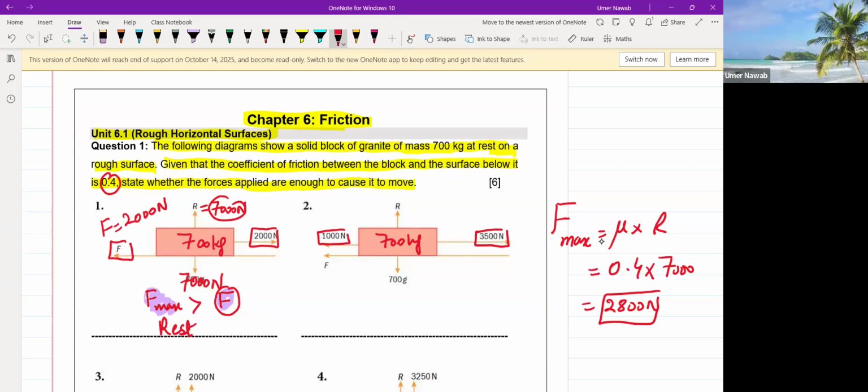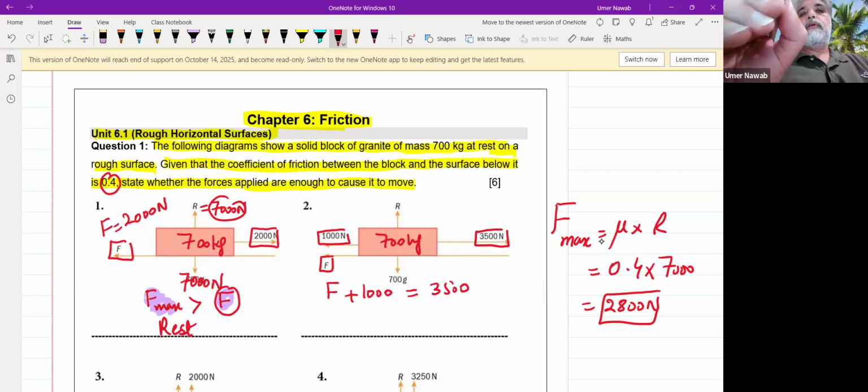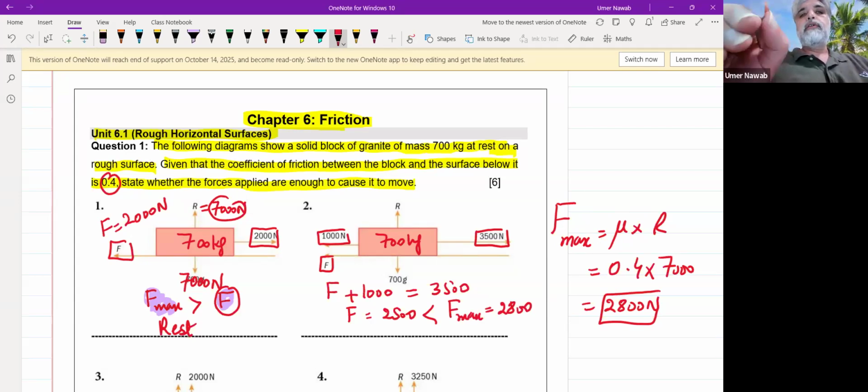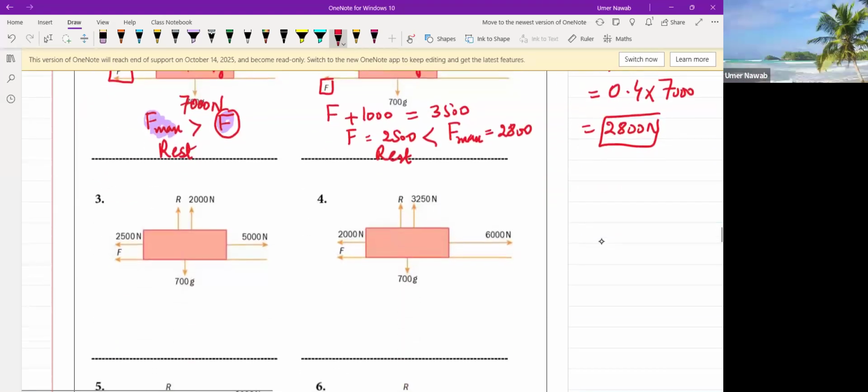In this case, I am willing to find the value of F. So F plus 1,000 is equal to 3,500, and F gives me 2,500. But still, it is less than F max, which is already found as 2,800. So it means it is at rest and it will not move.